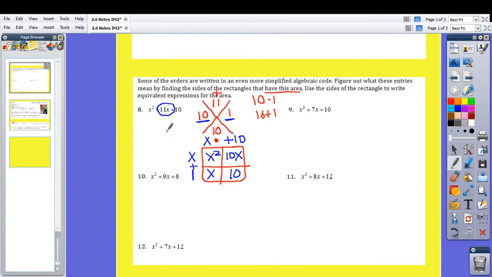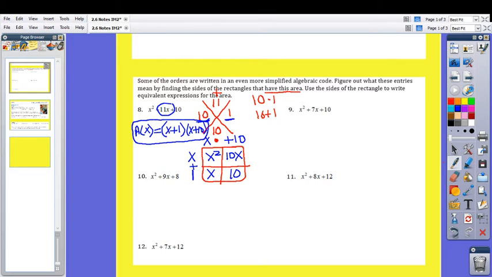Okay. So the area of this in terms of the sides will be x plus 1, which is this side, and x plus 10, which is this side. Okay. So this is how you do it.